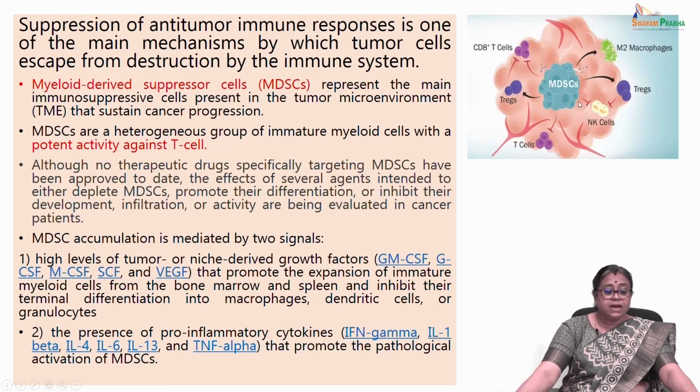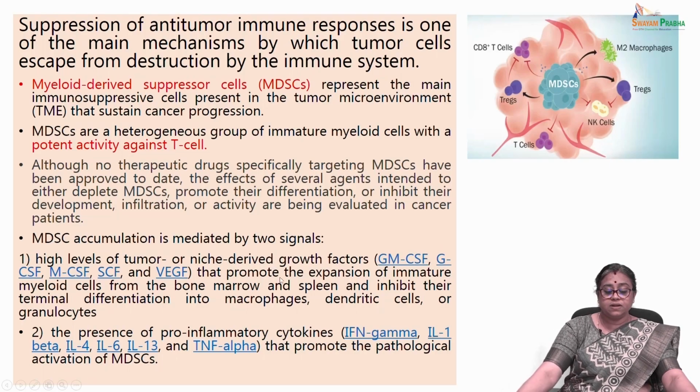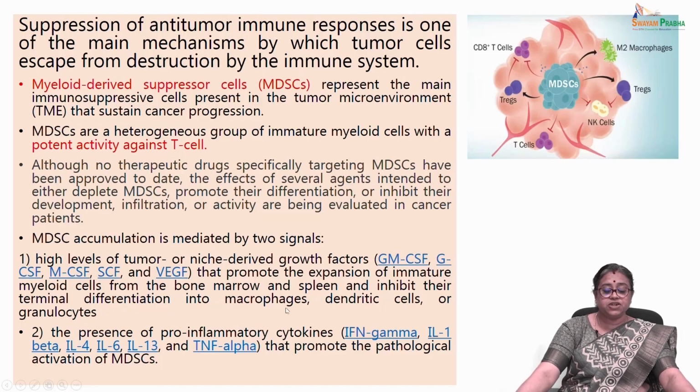The MDSC accumulation is mediated basically by two signals. Number one, there can be high levels of tumor derived growth factors. So you can have GM-CSF or MCSF, VEGF, all these growth factors which are released from the tumor themselves can promote expansion of these immature cells from the bone marrow and spleen, and they can inhibit their terminal differentiation into macrophages, dendritic cells, or granulocytes.